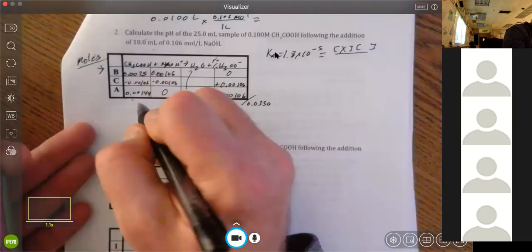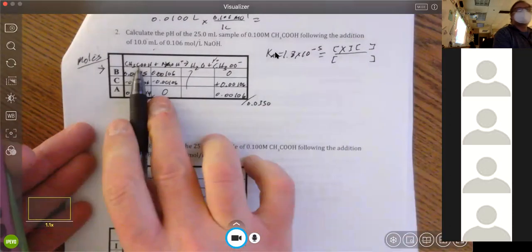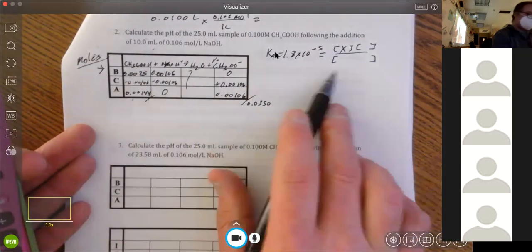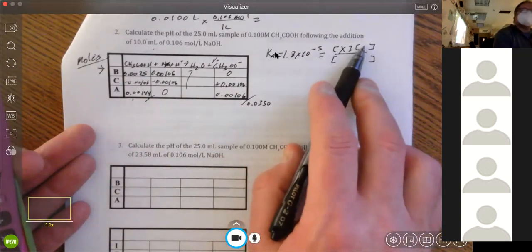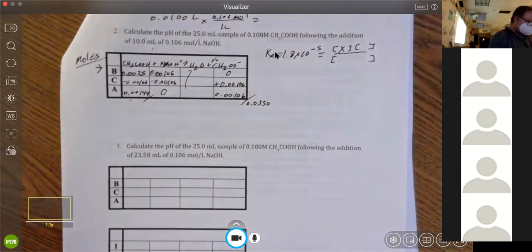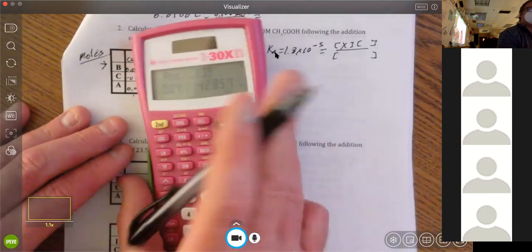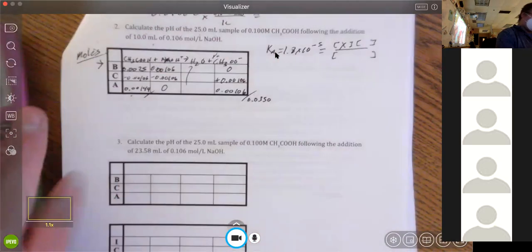We need to do the same thing for this because this is what's on the bottom. HA, A minus, H plus, right? Since I had that in my calculator still, I went ahead and got 0.0411.